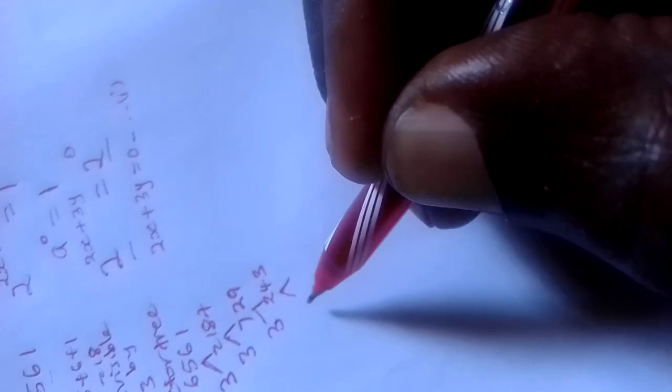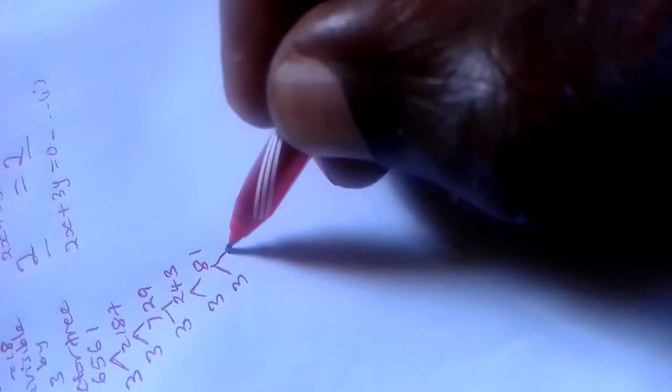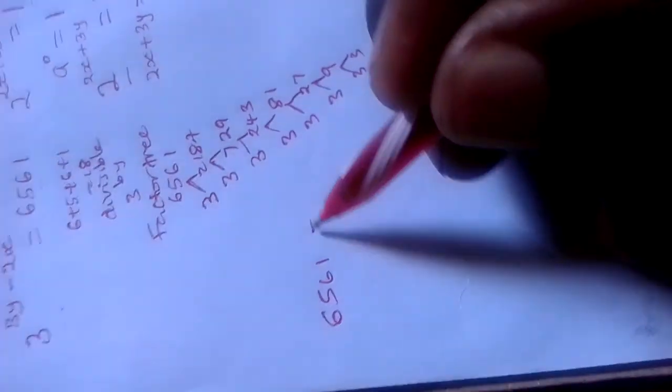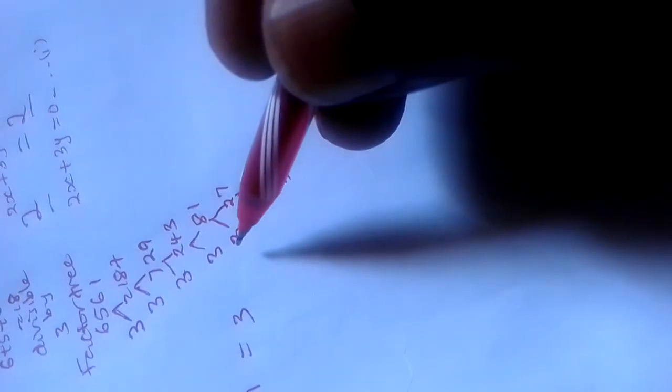By 3, 243. Again by 3, what do we get? 81. By 3 here we get 27. By 3, 9. Again by 3, 3. So we can rewrite 6561 as 3 power 8.